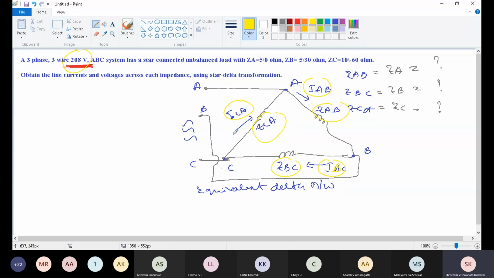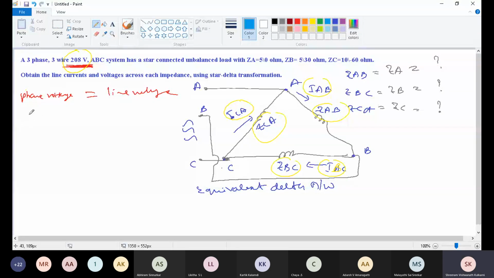So we know that for a delta network, phase voltage and line voltage are equal. So it's given as line voltage.